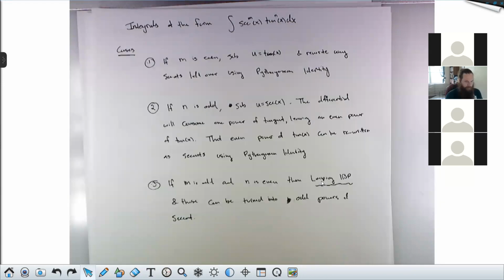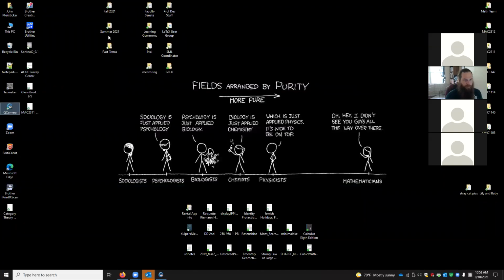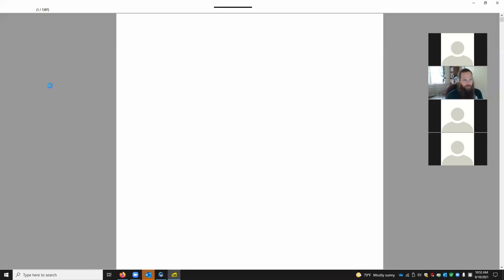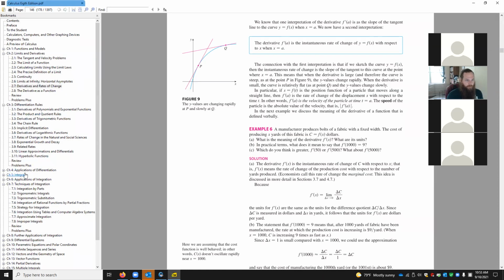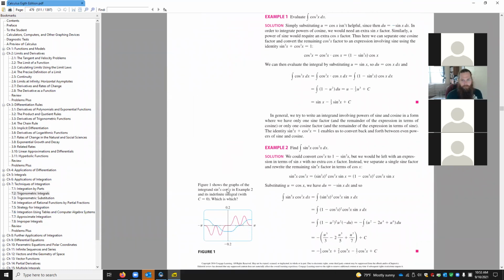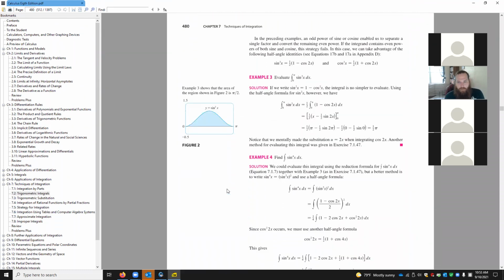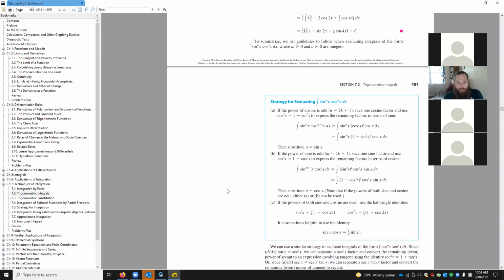All right, last thing before I let you go, I promise. If you look in your textbook, you will see this broken down in what I think is excessive detail, but sometimes that's nice. So, plenty of examples.